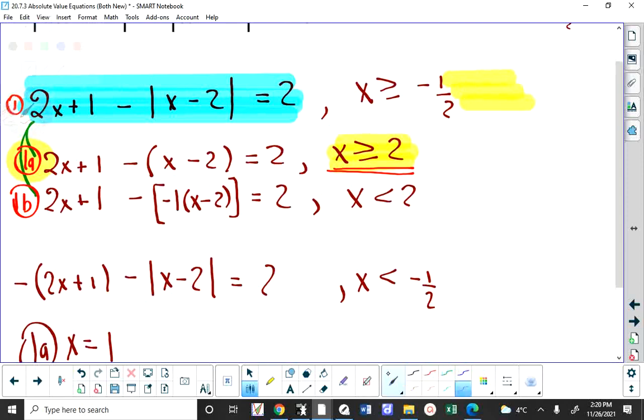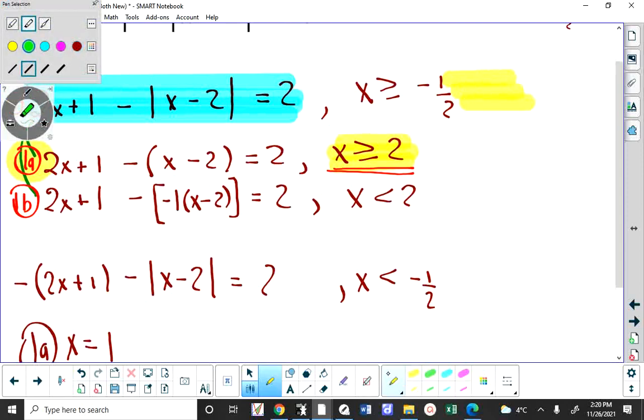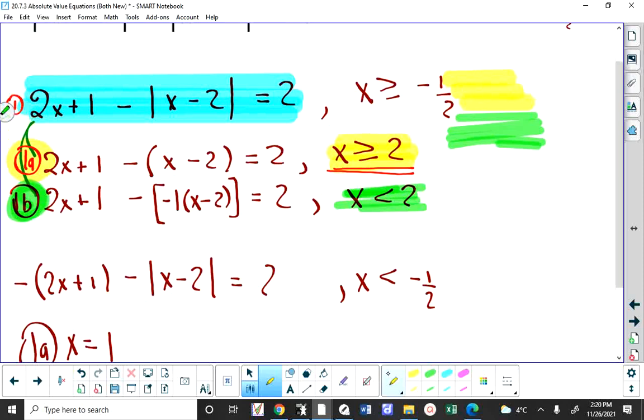And for equation 1b, it has to be in both of these domains. I didn't overlap up top here with the colors because I don't think you would see the colors.